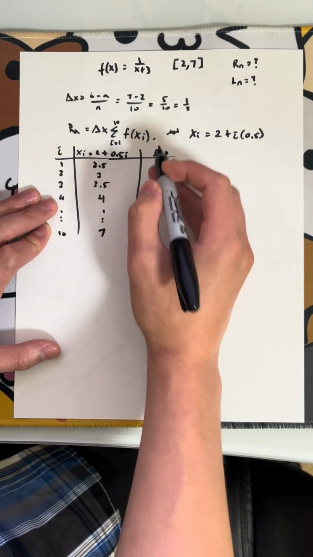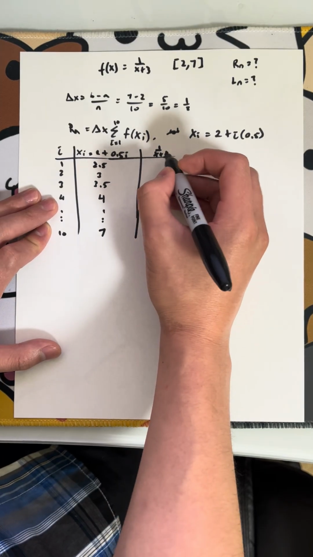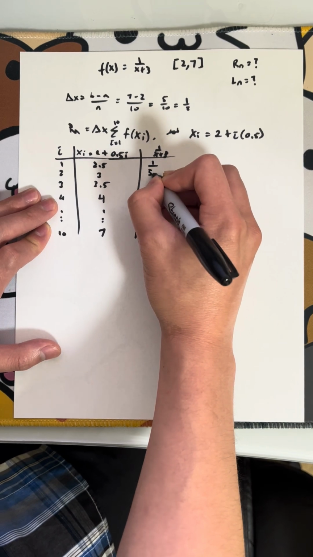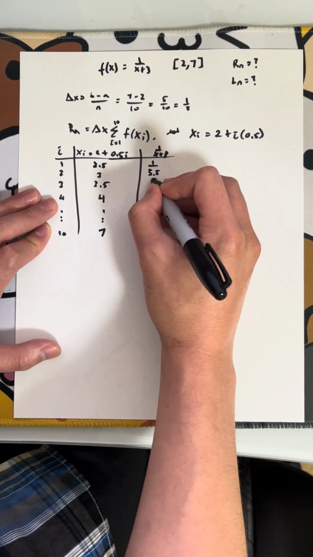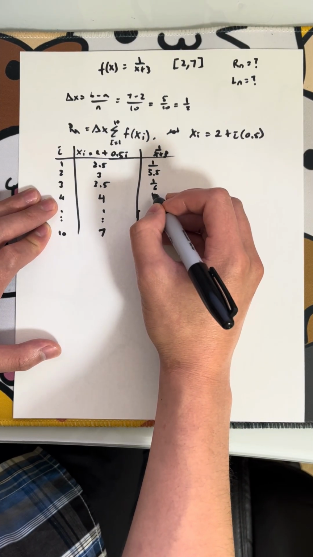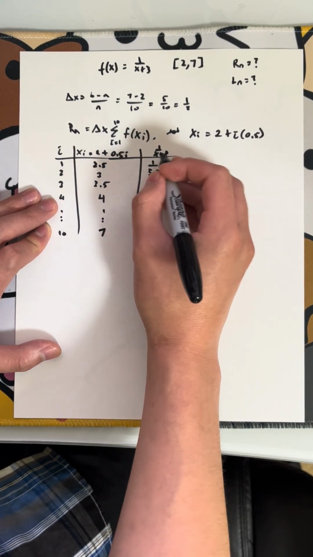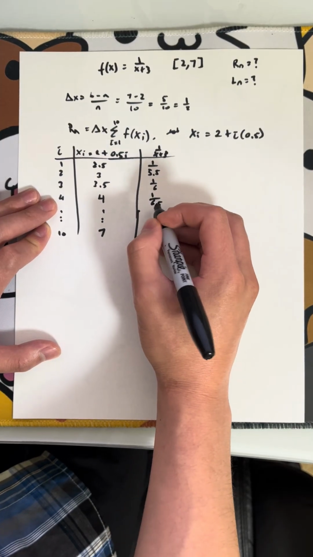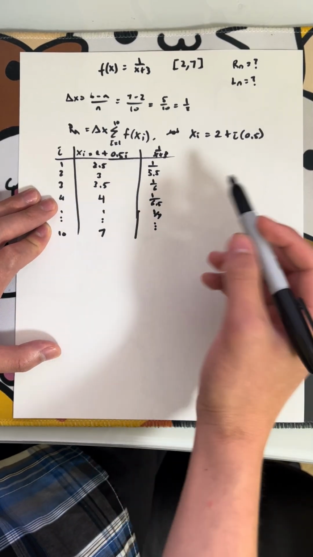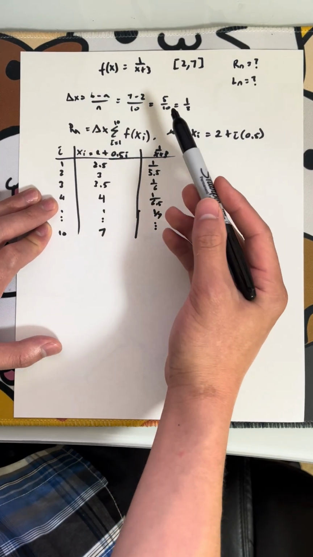And then let's put these into 1 over x plus 3, which is 1 over 2.5 plus 3, which is 1 over 5.5, and then 3 plus 3, 1 over 6, 1 over 6.5, and then 4 plus 3 is 7, so 1 over 7, and so on up to 10, because there are 10 rectangles.